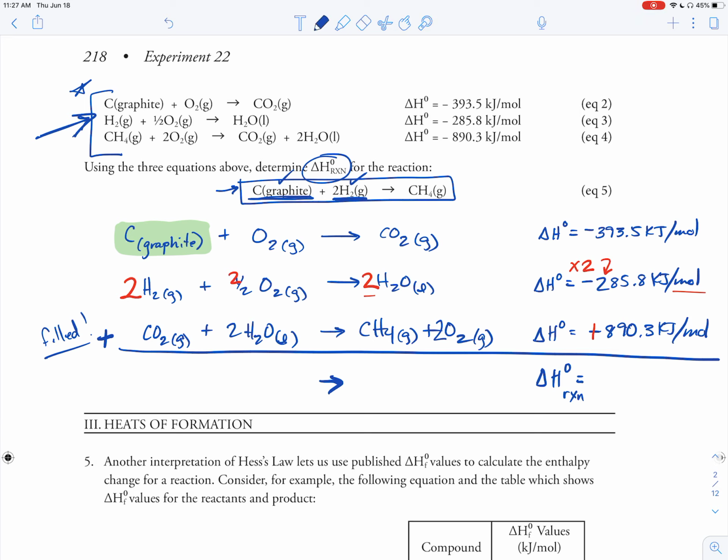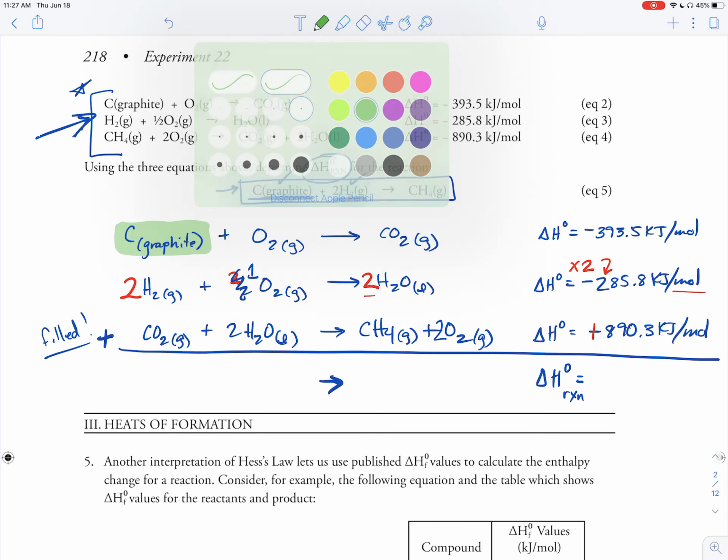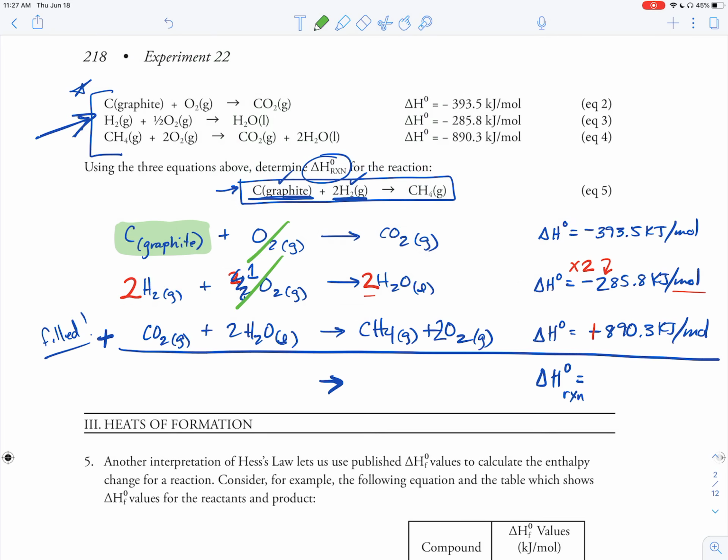So we could just cancel that and put 1 here. If there are two oxygens on the left-hand side of the reaction and there are two oxygens on the right-hand side, they cancel each other out. So this goes away. All right. Now, is there anything else that does that?